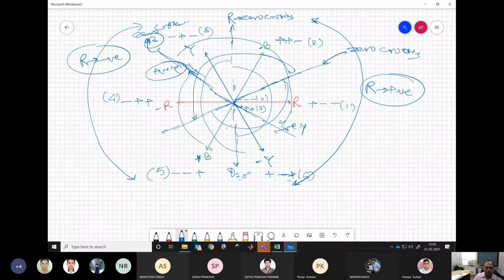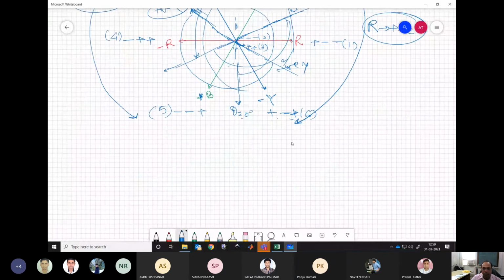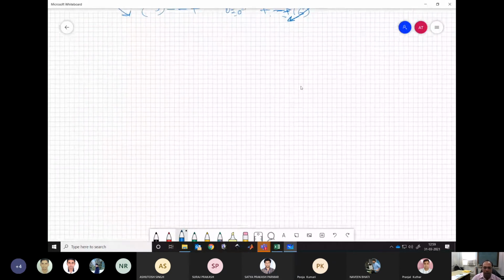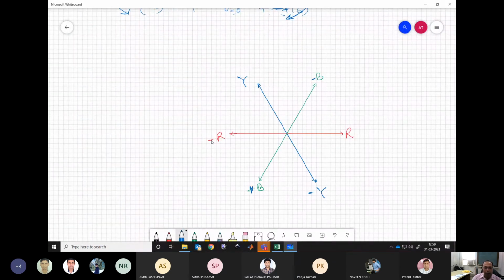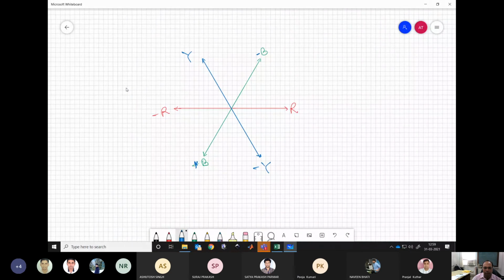Here all three vectors will have B positive. Is this clear? Are you able to see that? Yes, sir. Now, if we can see that, then it is very easy to say which phase to clamp where.